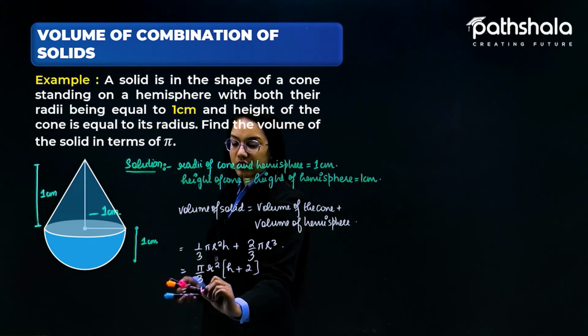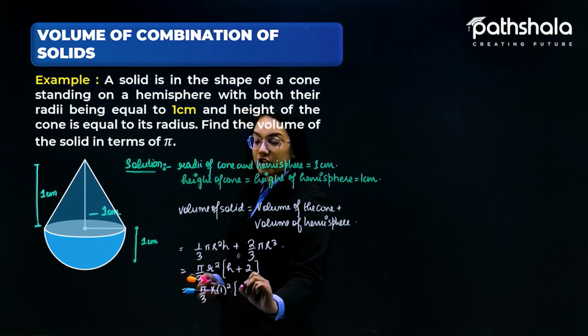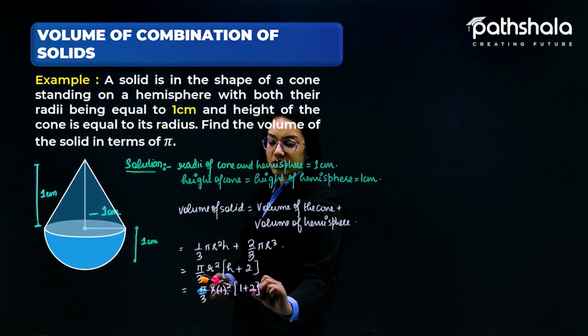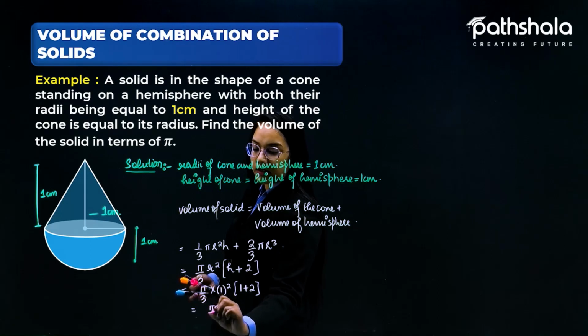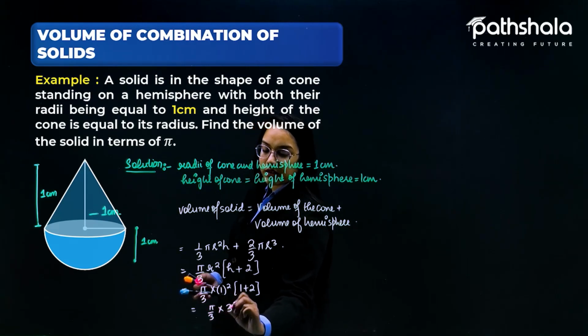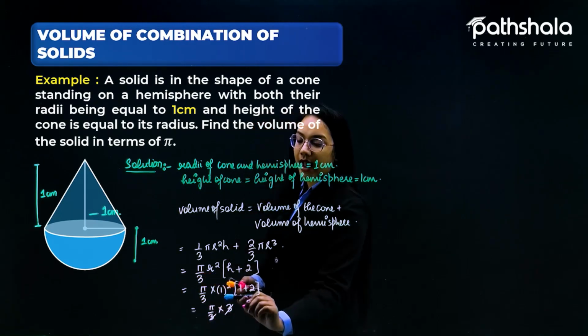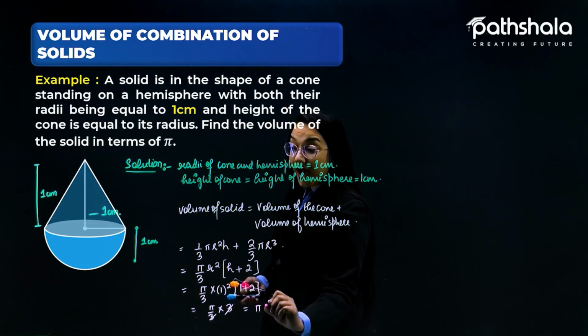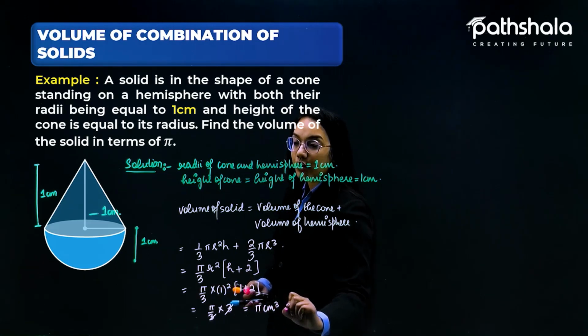Now let's sort it out. This would be pi by 3, radius is 1, whole square, and h is 1 plus 2, so this is equal to pi by 3 into 3. The 3 and 3 get cancelled with each other. At the end we get the answer as pi centimeter cube.